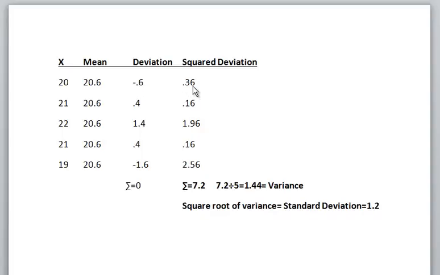And when you square the numbers, you also square the units. So we are now talking about a sum of 7.2 squared years, which doesn't make a lot of sense. We take the average of that, which gives us an average squared deviation of 1.44 squared years.